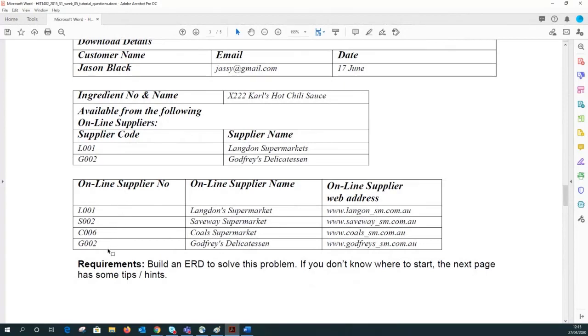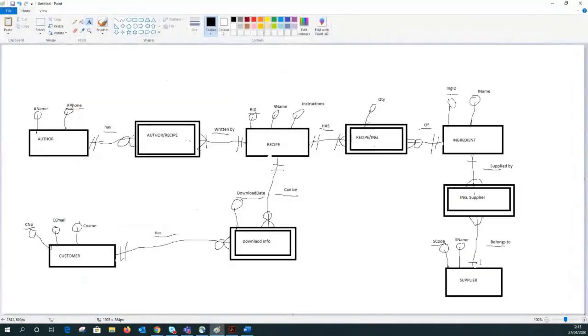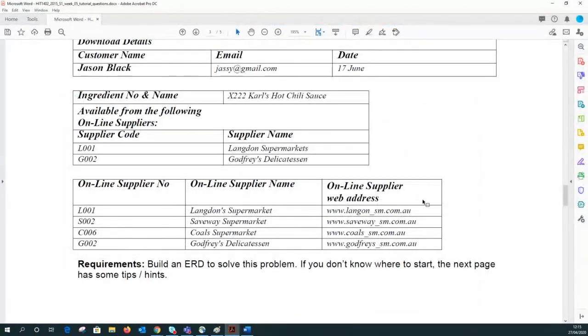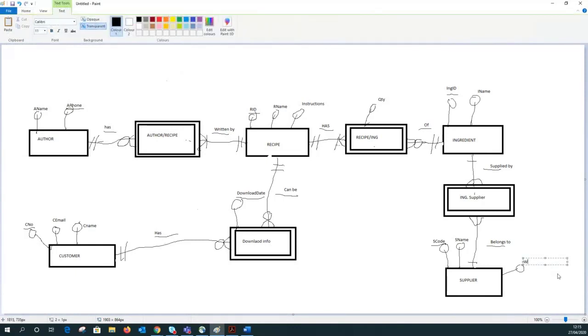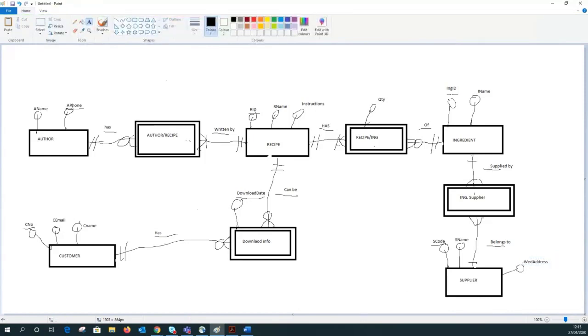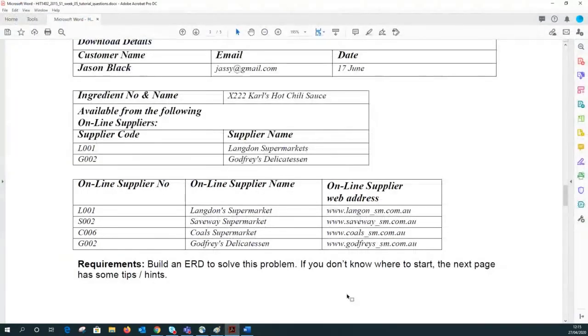So this is the supplier numbers and the name of the suppliers will be captured. Yes, we captured it. And then there are web addresses. All right, so we haven't captured that supplier information. So each supplier looks like having the web address. Yeah. So that is the possible attribute in the supplier, web address. Right. So web address. So we captured that.